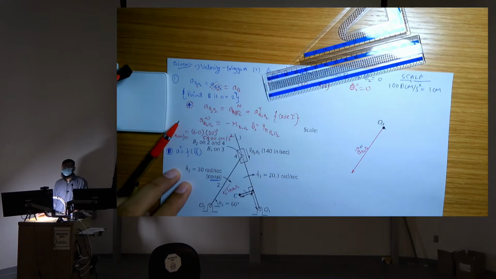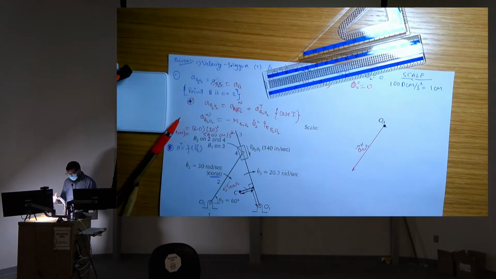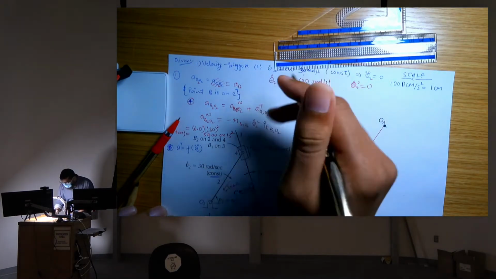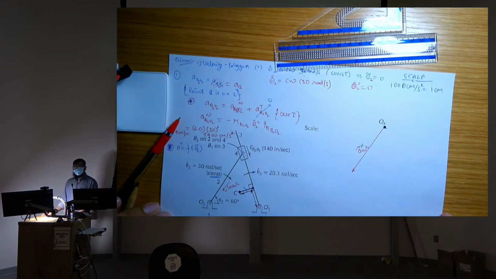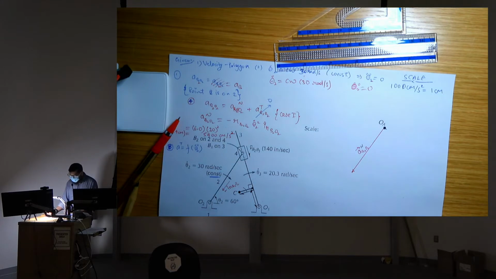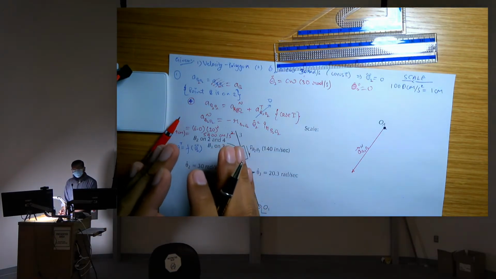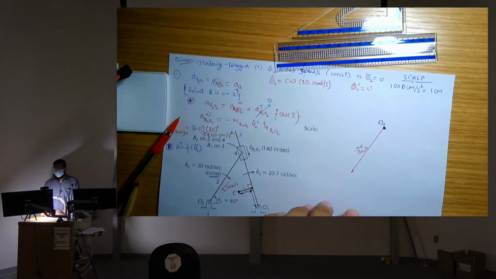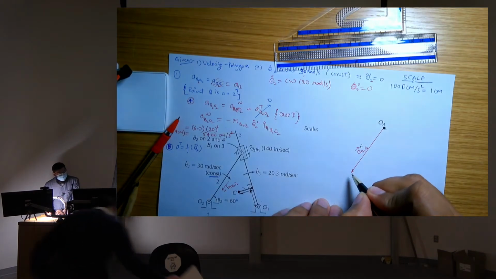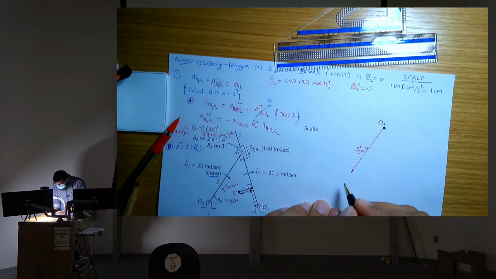Here theta double dot 2 is 0, so that's why I didn't write the formula, to save space. So directly the tangential component is going to be 0. What does that mean? You don't have a tangential component. So AB2O2 directly equals the normal component, which means we already found our point B. The end point is your B2 point.